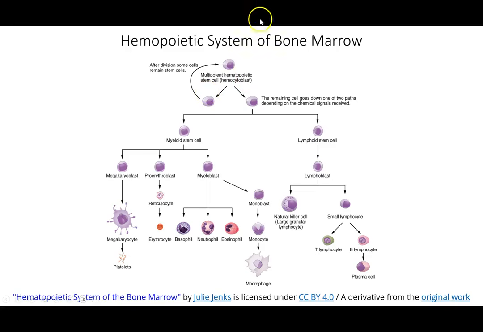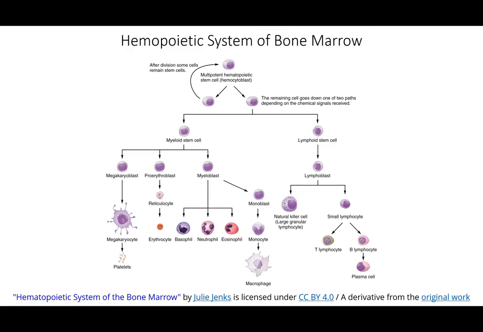Obviously, there's going to be more levels of stem cells above that, like the totipotent and pluripotent stem cells, especially early on in fetal development, but those need a lot more signals, chemical signals from the body, like cytokines, to signal them into certain pathways.